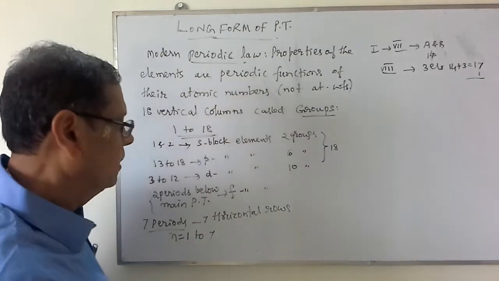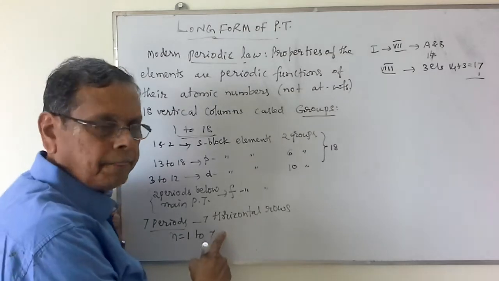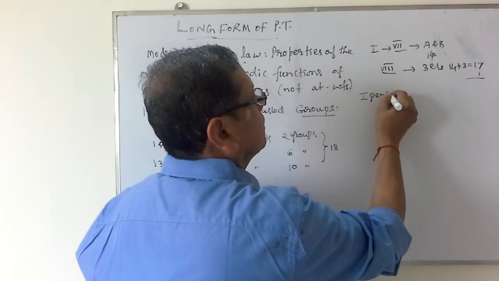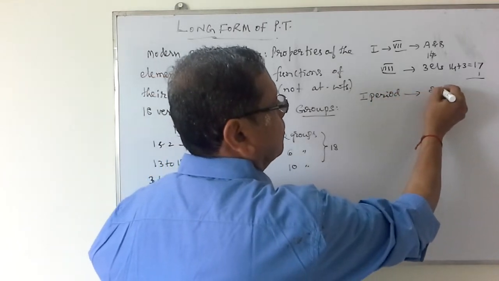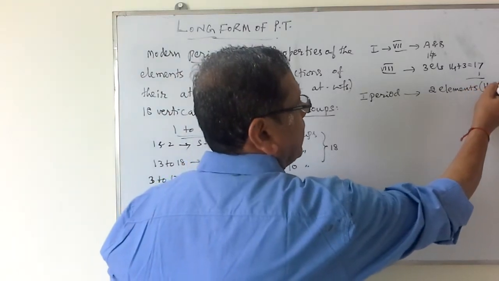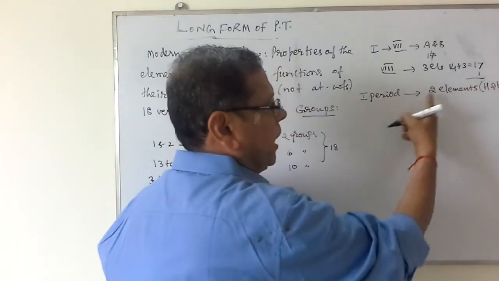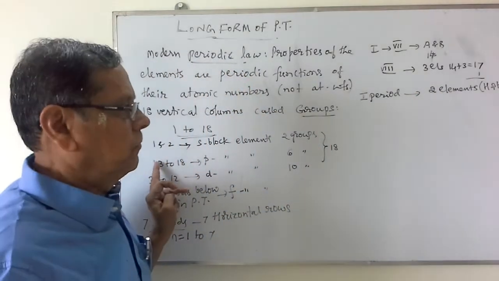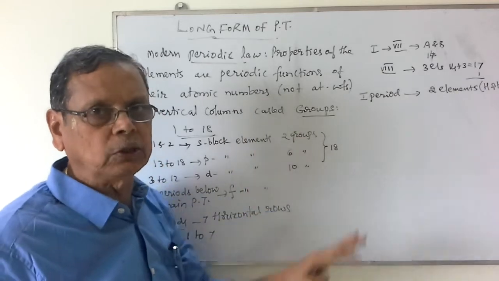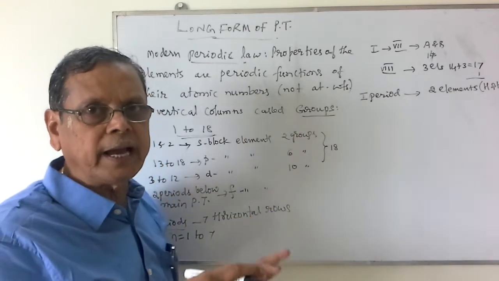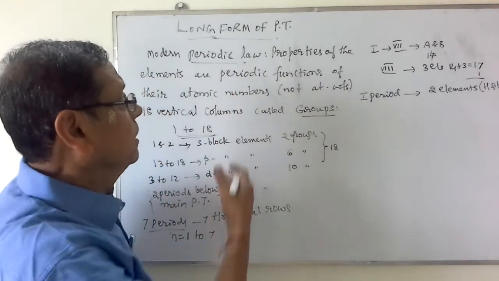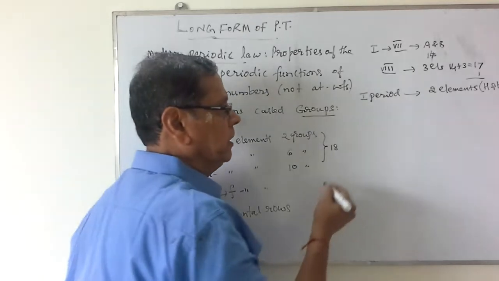which are called the periods. So in the first period, there are only 2 elements, which are nothing but hydrogen and helium. Hydrogen belongs to first period, first group, while helium belongs to the first period, 18th group. I will write the rough diagram and show you the actual modern periodic table or long form of periodic table.